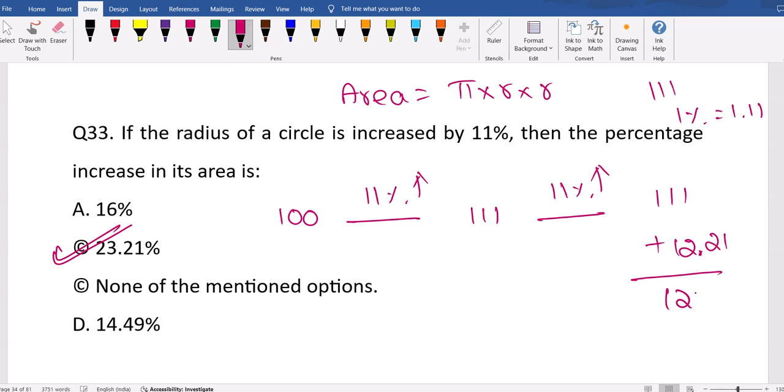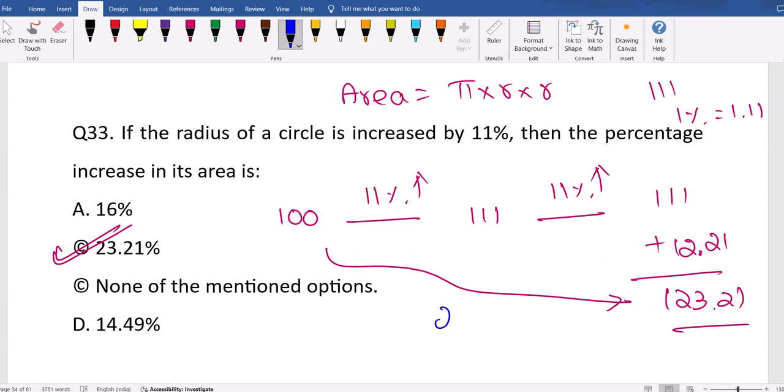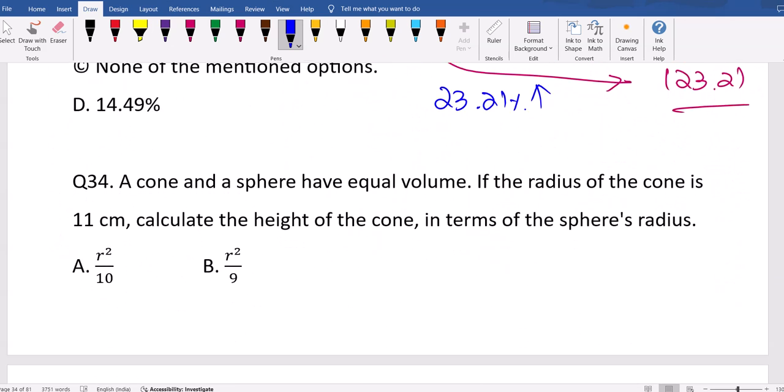It is 123.21. 100 becomes 123.21, so we can claim 23.21% increase.